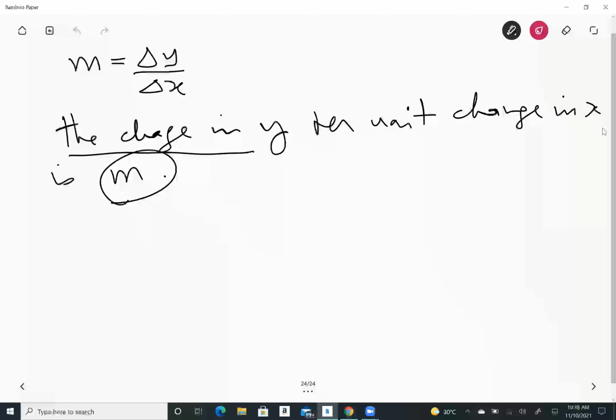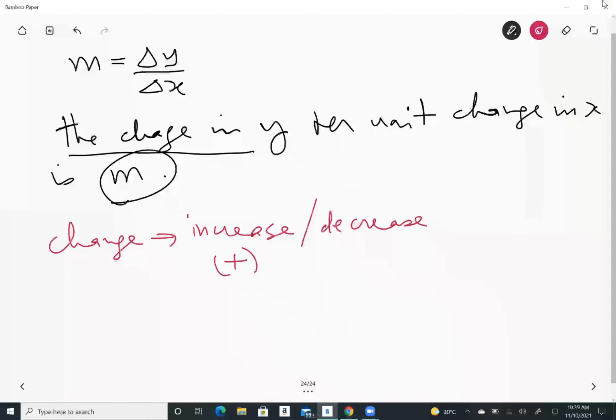So the change can be an increase, it can be a decrease. If it is an increase, it's a positive number. If it is a negative number, then it's a decrease. So change can be increased, can be decreased.